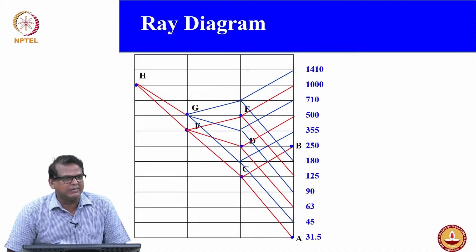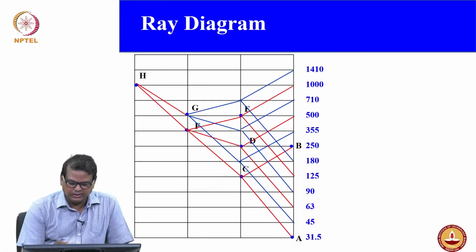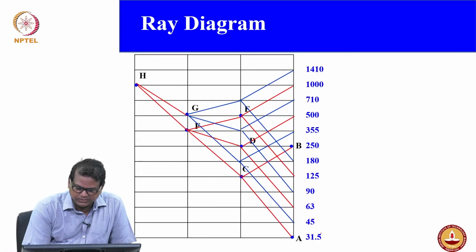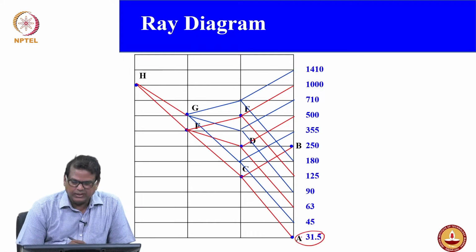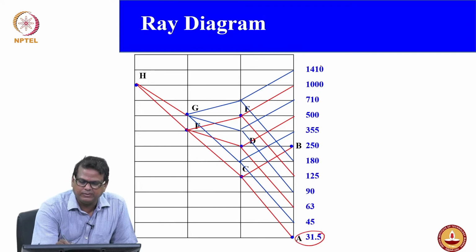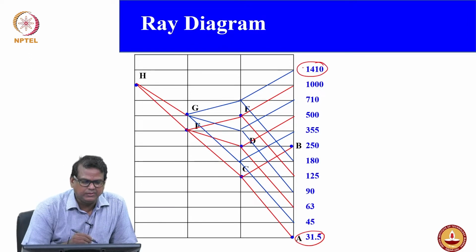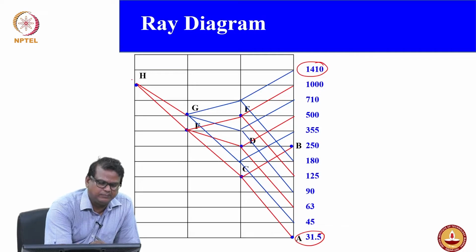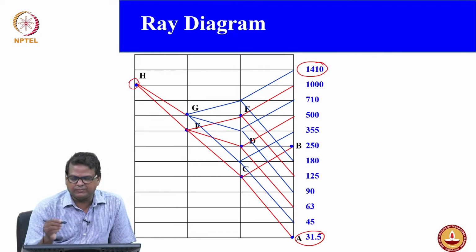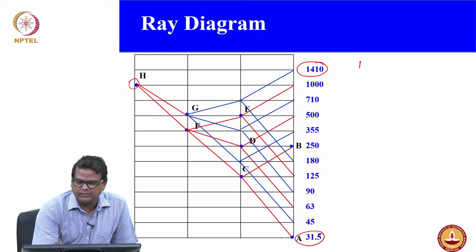This is the ray diagram we constructed in the last lectures, where 31.5 is your minimum speed and 1410 is your maximum speed. Of course, starting from here, you must be aware that the motor speed is 1500 RPM, which is not shown here.